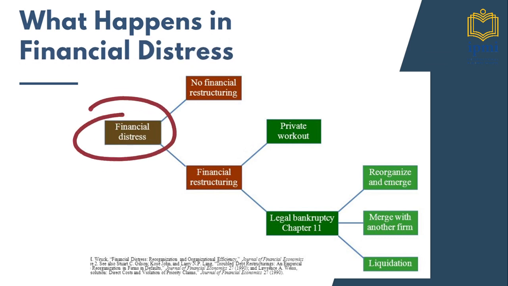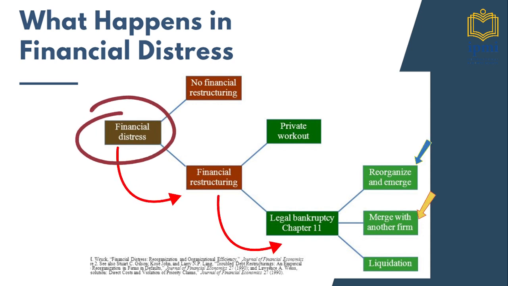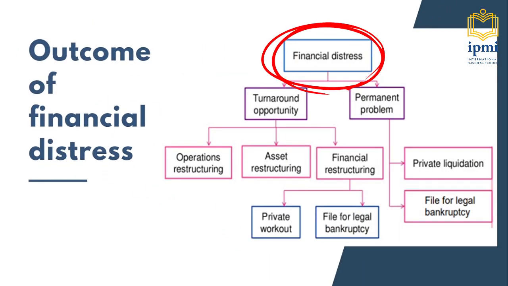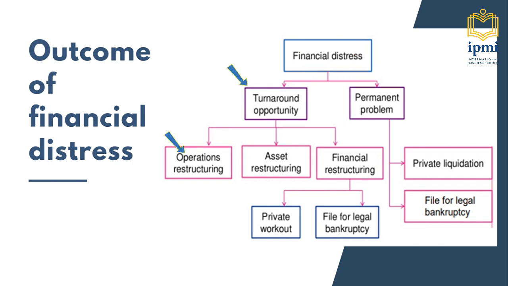When a company faces financial distress, several paths lie ahead: financial restructuring, legal bankruptcy, reorganize and emerge, merge with another firm, liquidation. Outcomes of financial distress: turnaround opportunity, operation restructuring, asset restructuring, financial restructuring, private workout, file for legal bankruptcy; or permanent problem, private liquidation, file for legal bankruptcy.